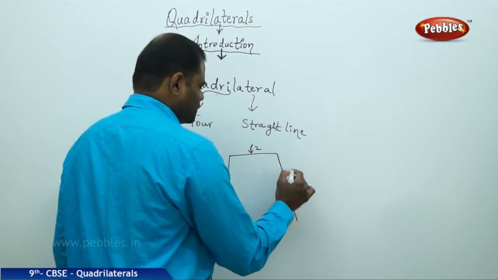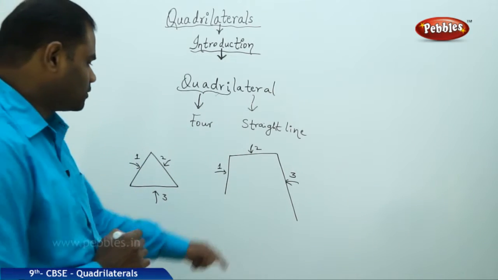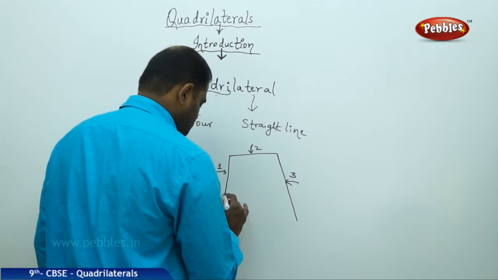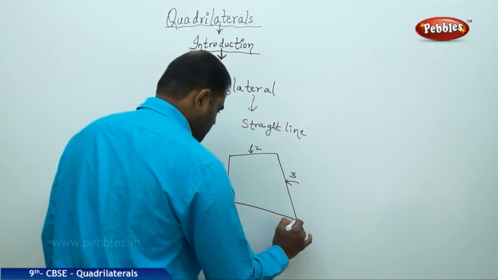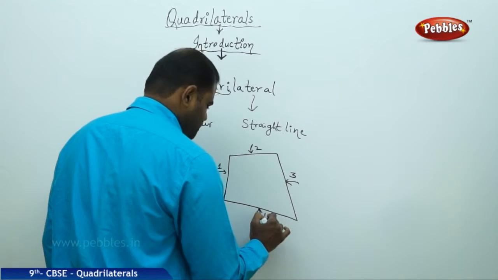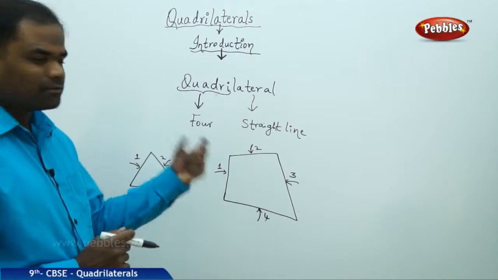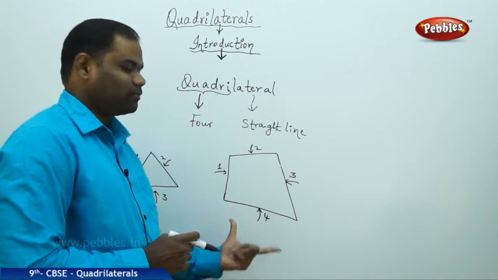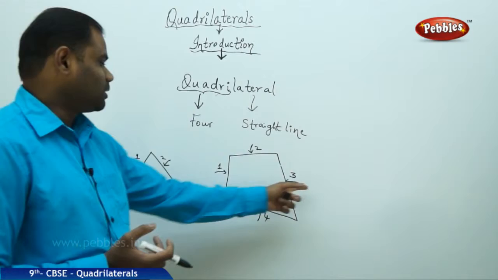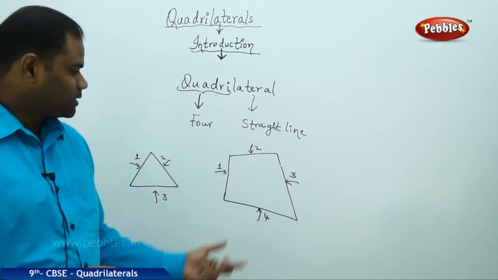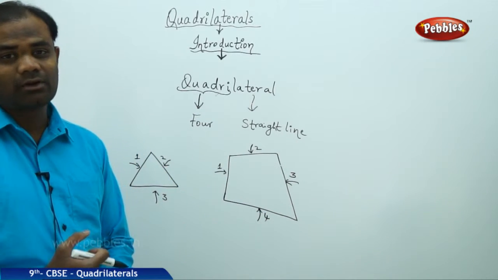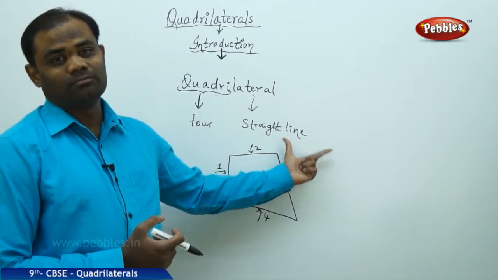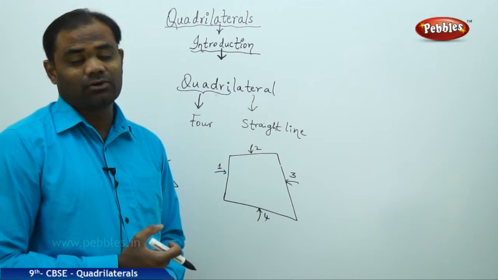This is line 3. Then I take the fourth line and join it here. So here my fourth line is joined. Therefore, line 1, line 2, line 3, and line 4 are joined together to form a closed figure. Such a figure obtained is called a quadrilateral. A figure formed by four straight lines is called a quadrilateral.